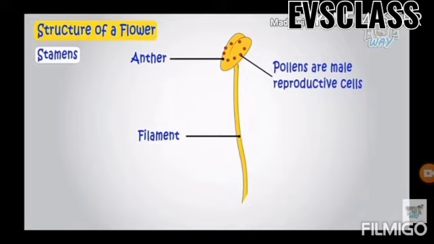Practice the stamen parts, anther and filament, in their proper locations, many times in your copy. I hope everything is clear from today's video. Try to practice all the diagrams in a very nice way.